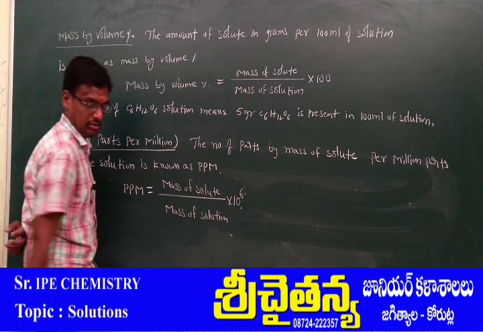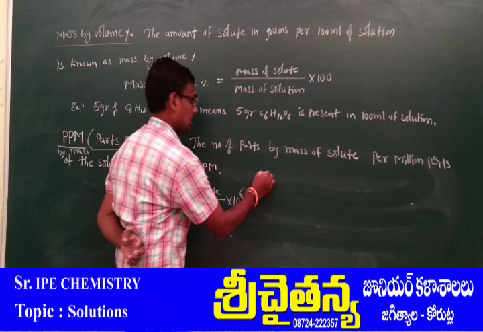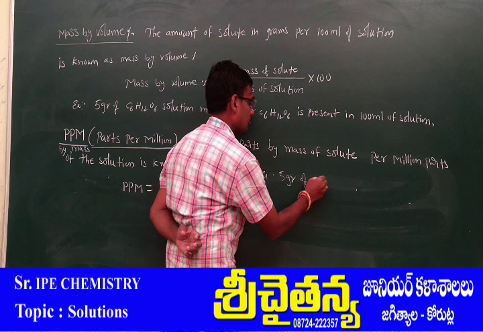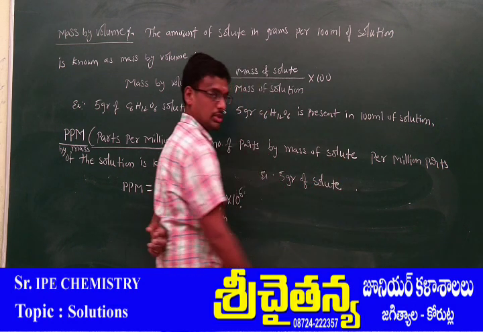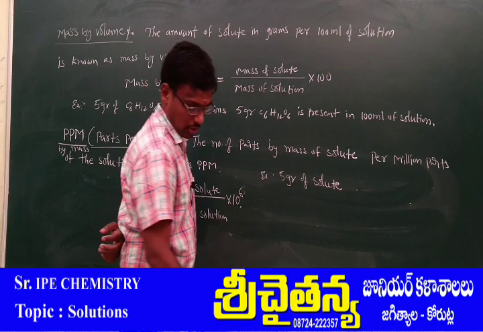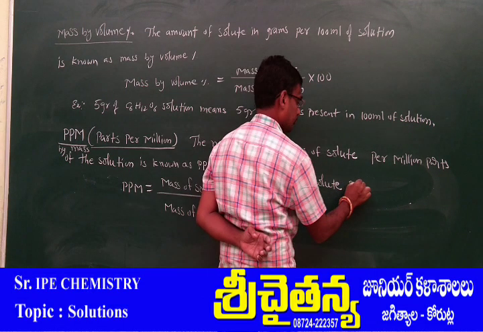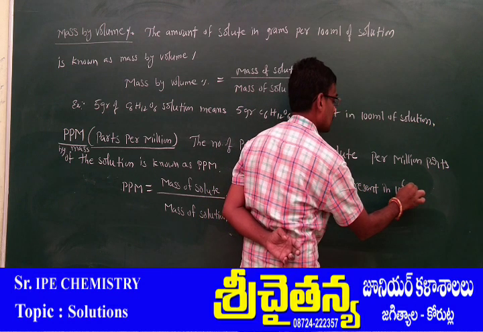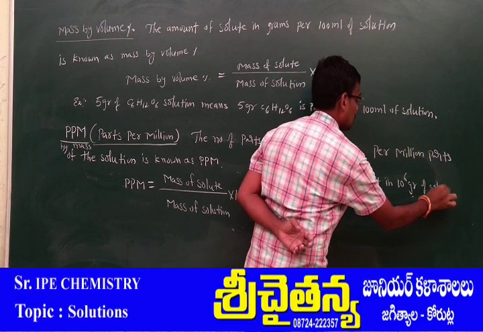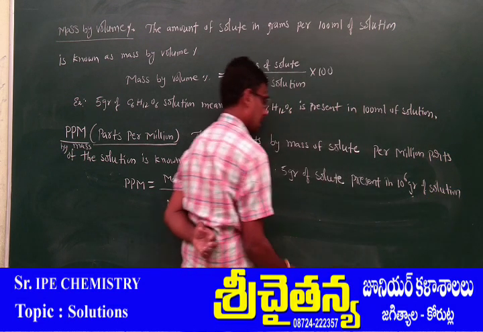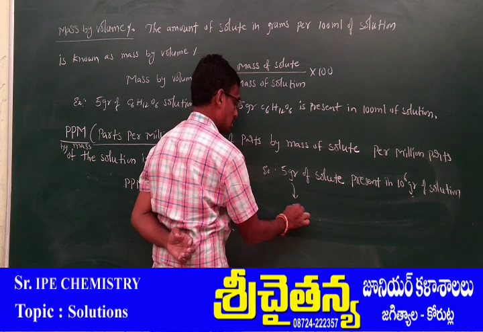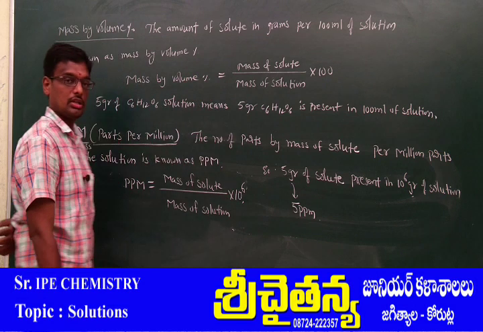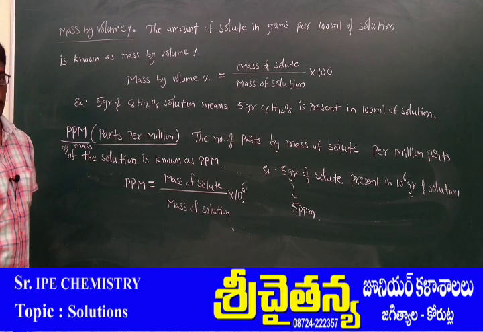For example, 5 grams of solute present in 10 to the power of 6 grams of solution, then the concentration of the solution is 5 ppm.